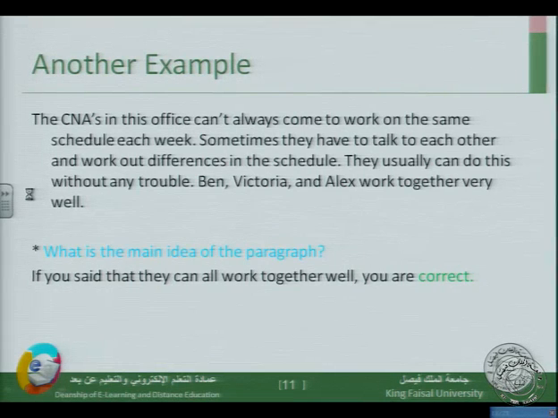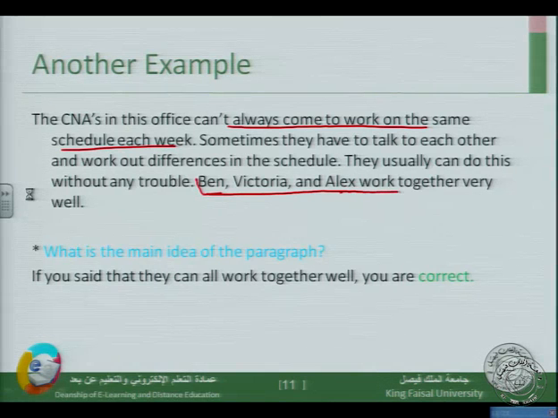If you said that Ben, Victoria, and Alex can work together well, then you are correct. Okay? So you can hear, always come to work on the same schedule. And the conclusion was the same as the main idea. Ben, Victoria, Alex work together very well. Okay?